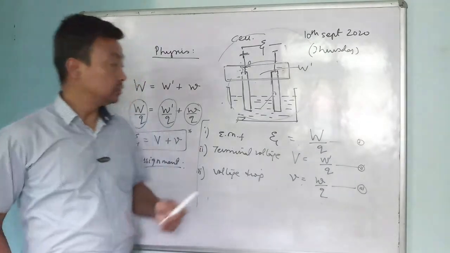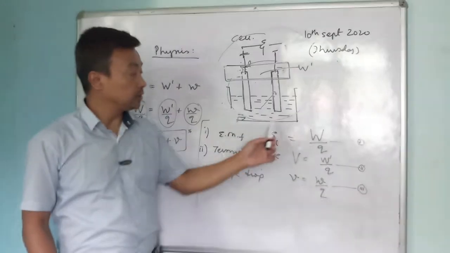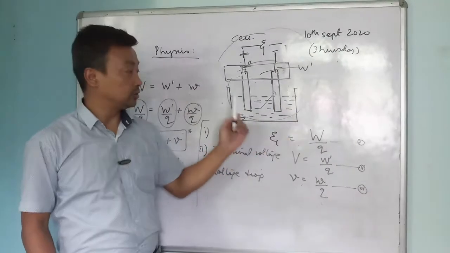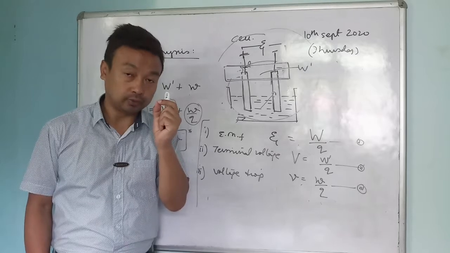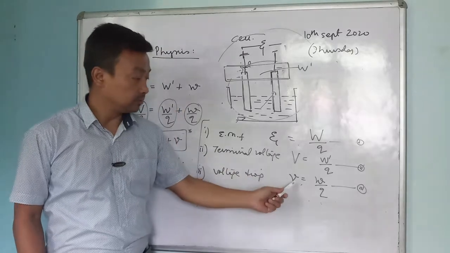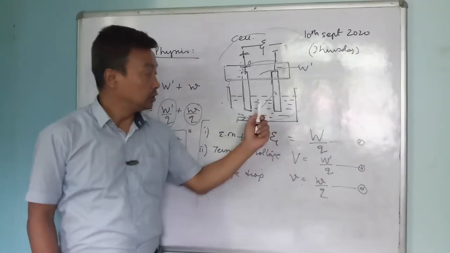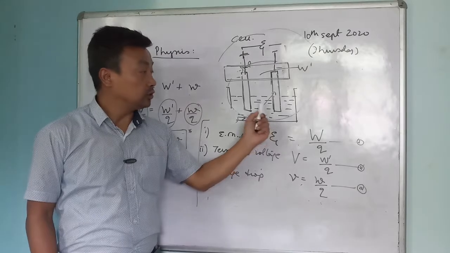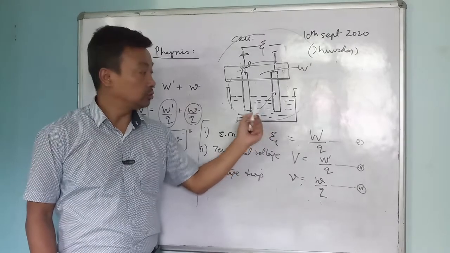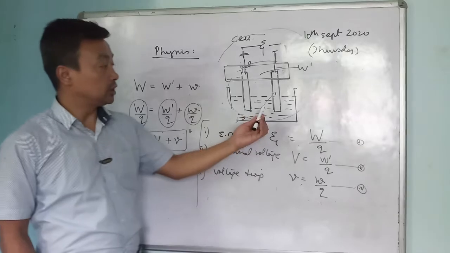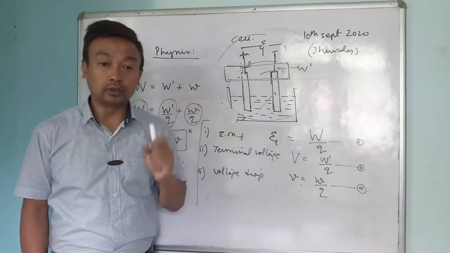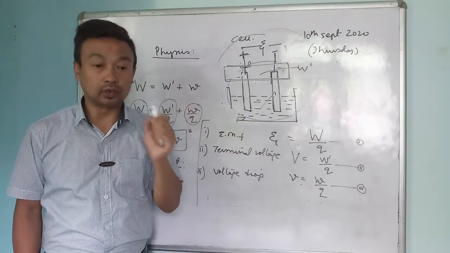Okay, internal resistance of cell, which is taking place through the electrolyte. In this electrolyte, what do you have? You have the voltage drop, small v. Okay, so here the resistance, that resistance which is offered to the flow of the current by this electrolyte, that resistance is called the internal resistance of a cell.